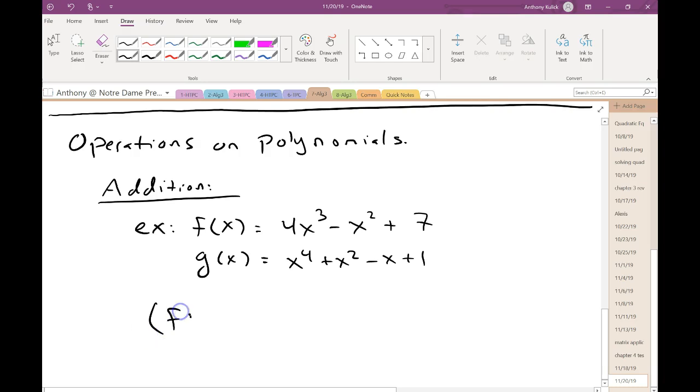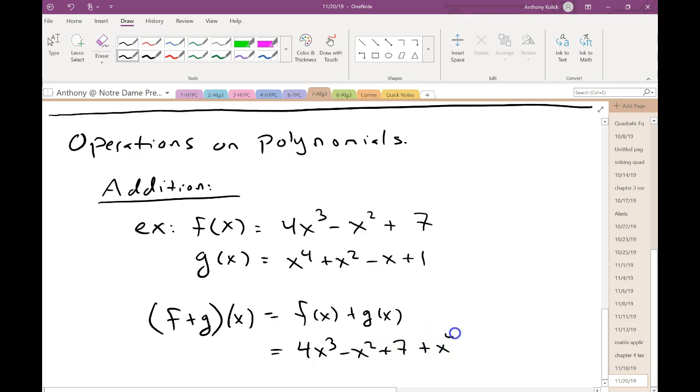What if I wanted to figure out the polynomial f plus g of x? How do you think that we're going to add these two polynomials together? Yeah, we're just going to do f of x plus g of x, which means that we'll just combine the like terms.